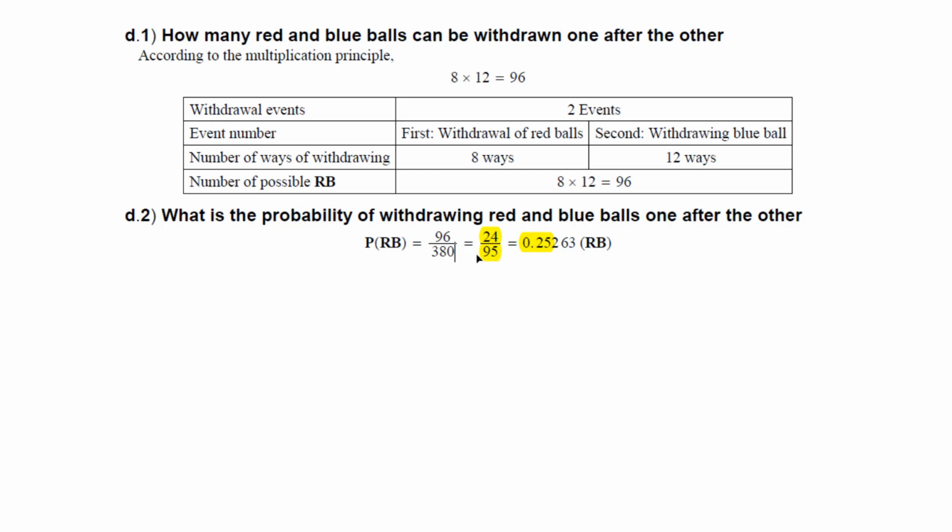So 24 over 95 means that if we repeat this experiment 95 times, we are going to get approximately 24 withdrawals of red and blue. Or if we read it the other way in decimal, the probability is 0.25, which means if we repeat this experiment 100 times, we are expected to get 25 withdrawals of red and blue.